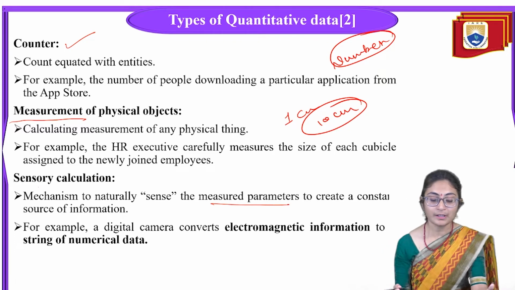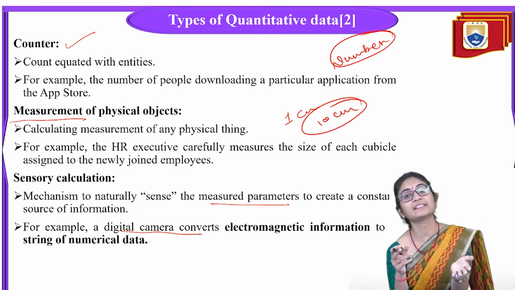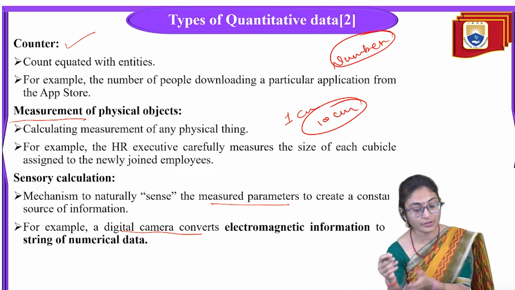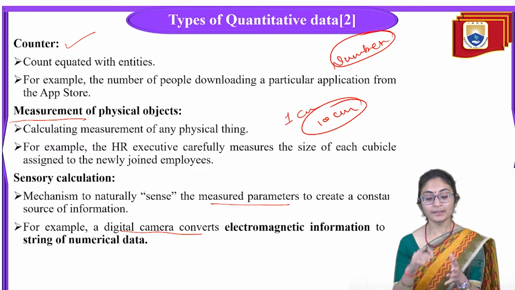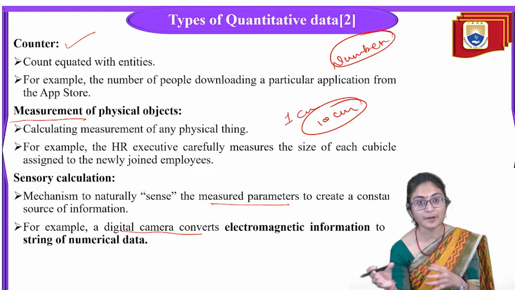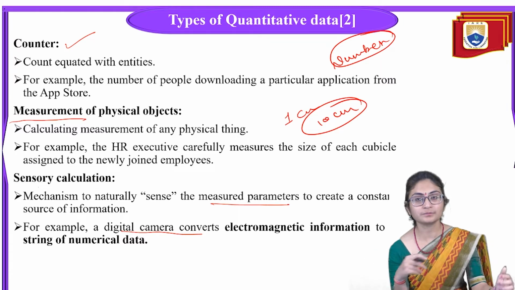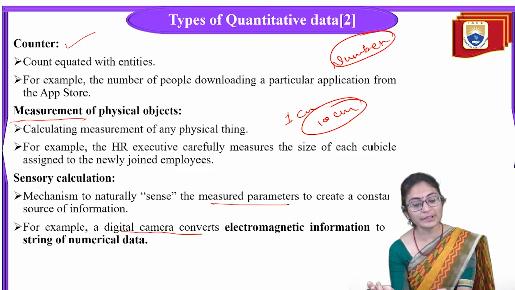For example, a digital camera always converts data in electromagnetic information to a string of numerical data. That means we are giving the information, the instruction, in the form of alphabets or in the form of numbers or data, but it is converting it into numerical data.